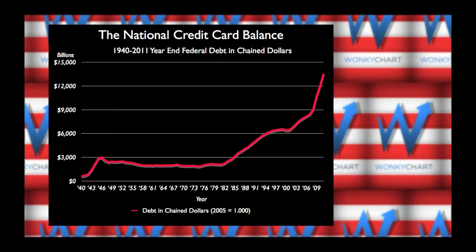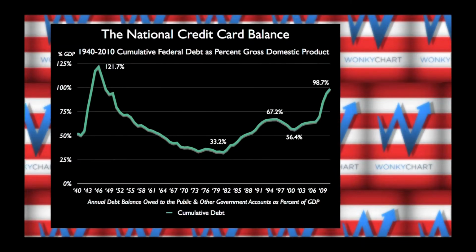This is a tale of 2 debts. We had a spike to $3 trillion during the war, followed by a gentle slope downward until the early 1980s. That's when the trouble started. This chart shows cumulative debt as a percentage of GDP and mirrors the chained dollars chart. From a high of 121.7% in 1946, debt fell to a low of 33.2% of GDP in 1980.